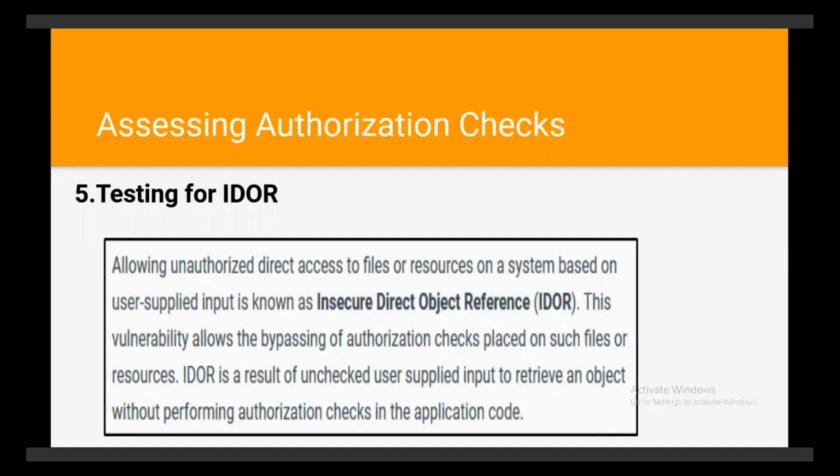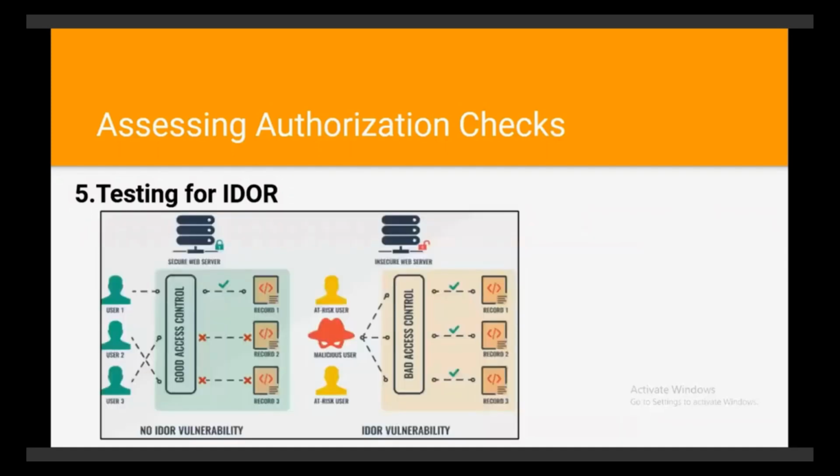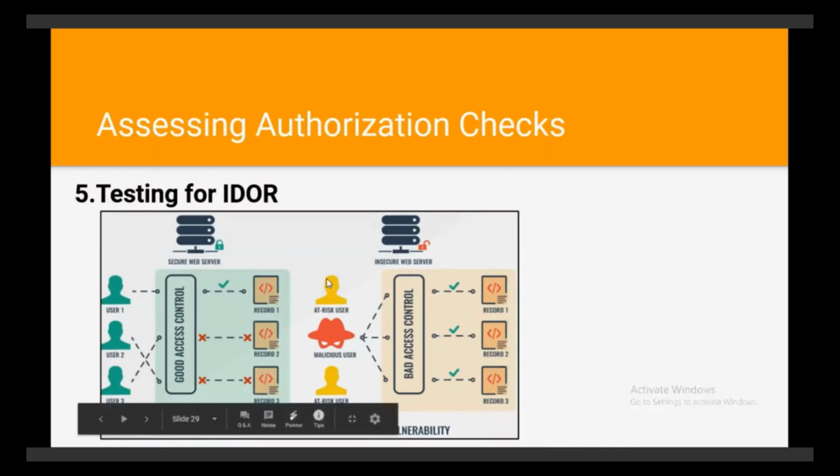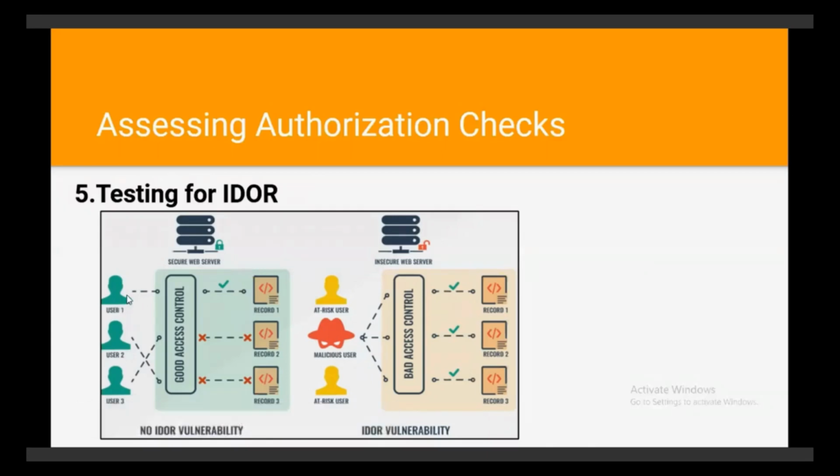In short, here is one image I found from Google. You can check it out. For example, here there is no vulnerability. Assigning user 1 to record 1 means the dedicated privilege or file or resource or system is accessible only to the specific user.